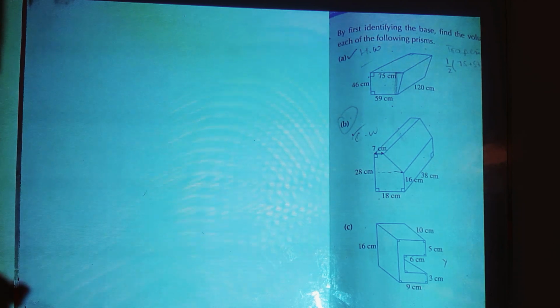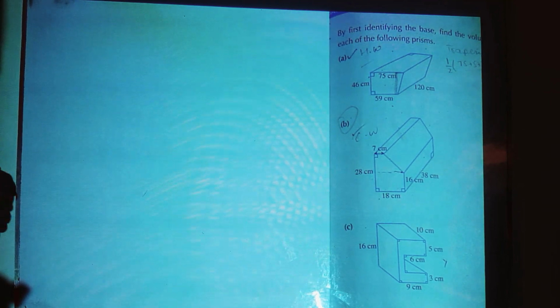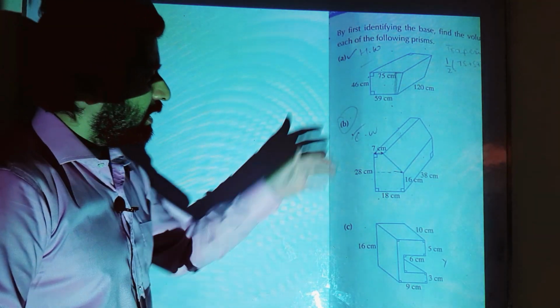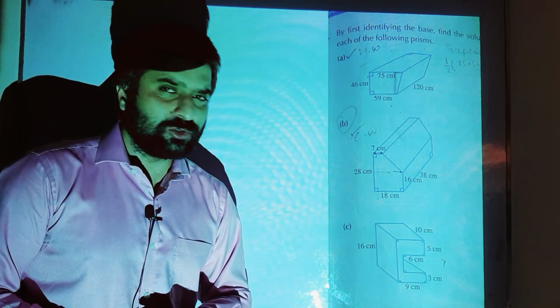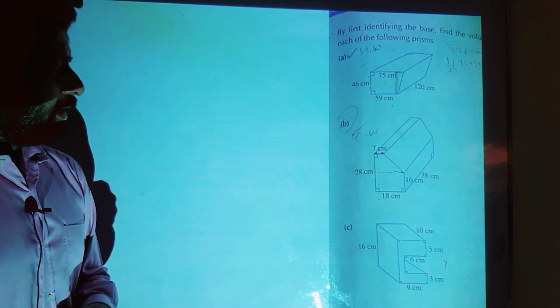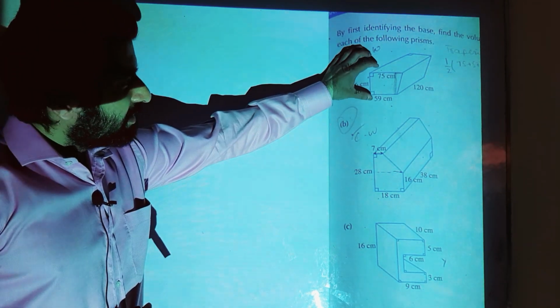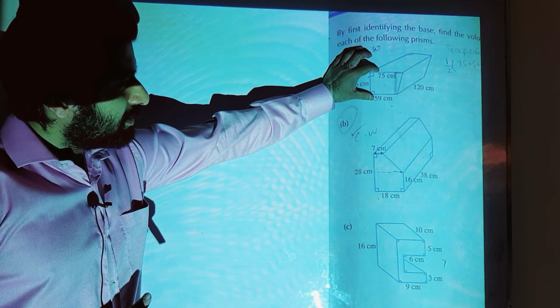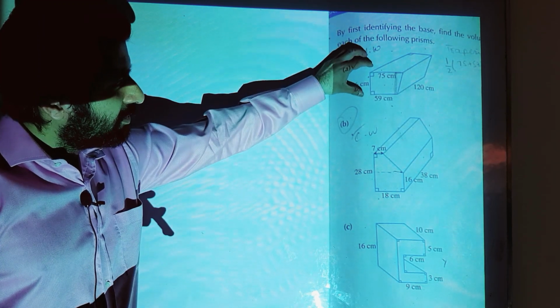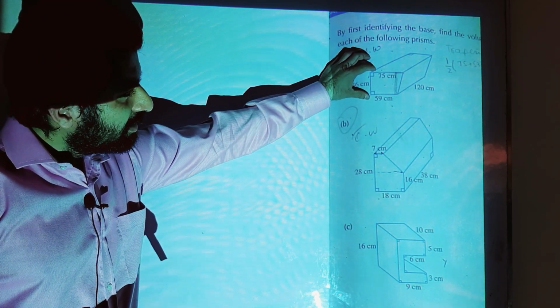The next thing is how to find the volume of a prism. We have three prisms in front of you. And why are they called prisms? Because of the same base, this is the base, this is the shape, and that is a trapezium over here.